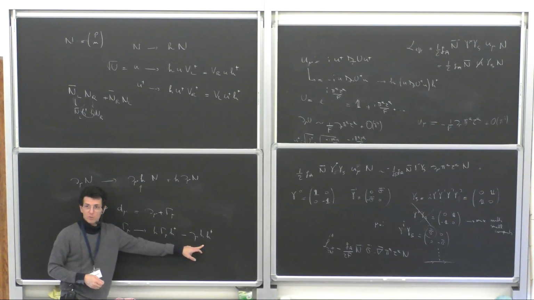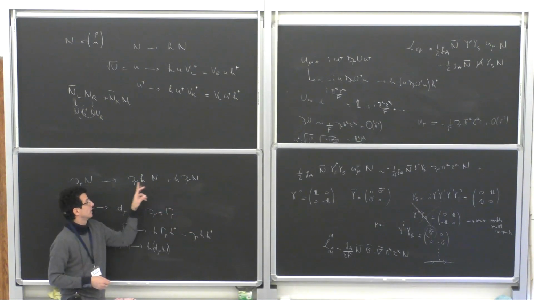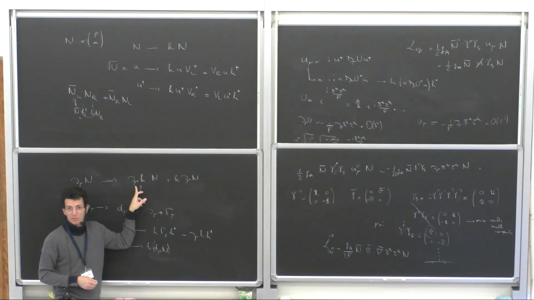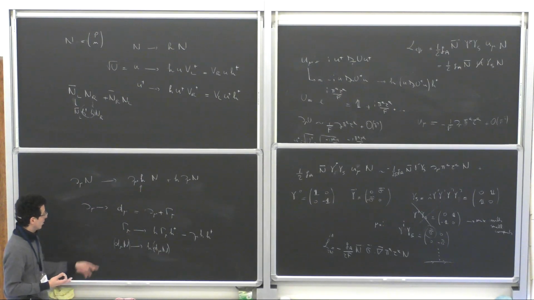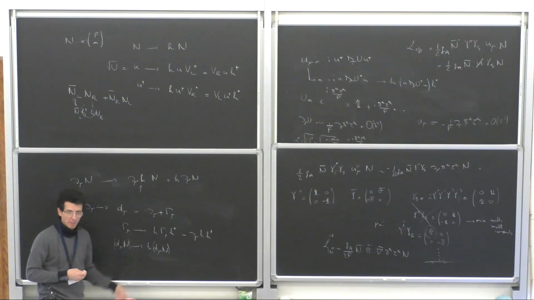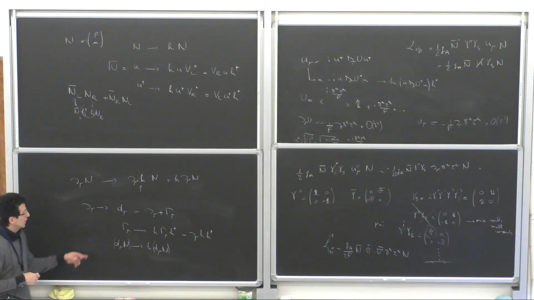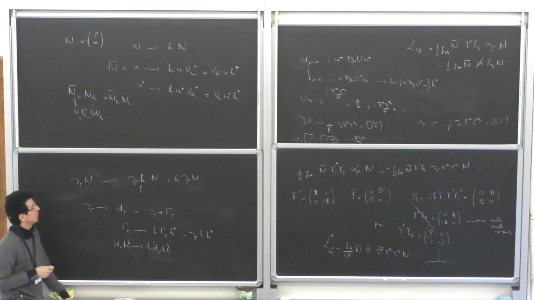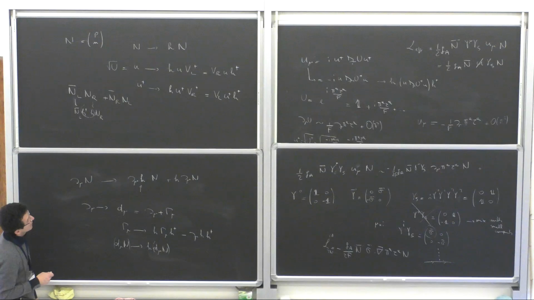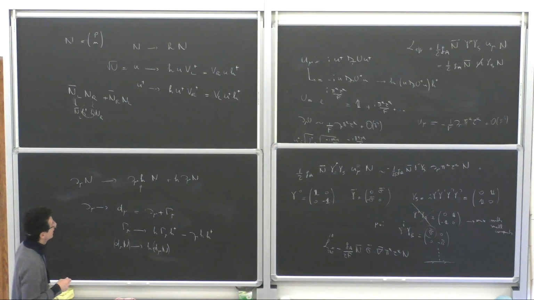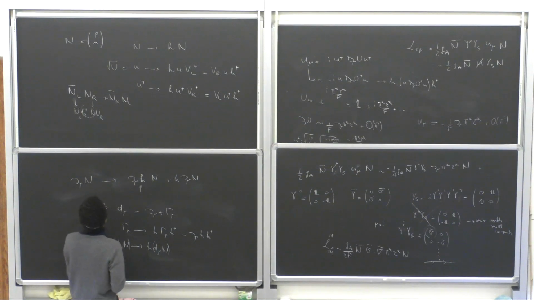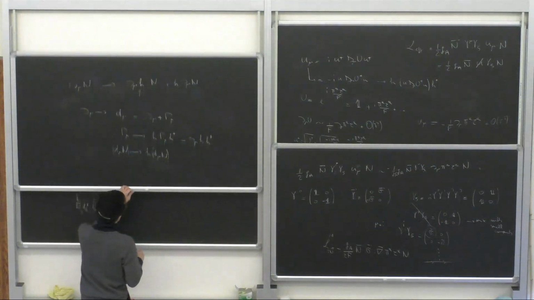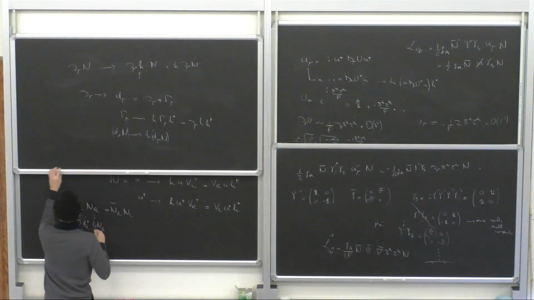This term compensates the unwanted term. So where is this gamma mu, which transforms in this way under the chiral symmetry? We have to build it somehow, and let me do that on this blackboard.